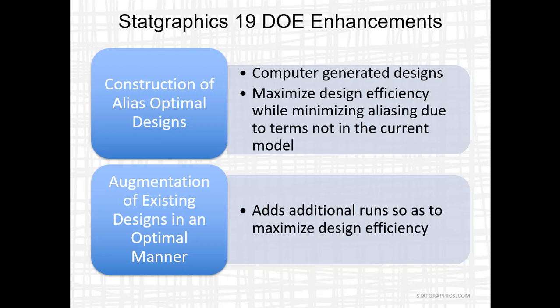Alias optimal designs are computer-generated designs, which not only attempt to maximize the efficiency of the design with respect to estimating the statistical model included for that design, but also attempt to minimize aliasing due to terms not in the current model. It's sometimes possible to trade off a little bit of design efficiency in order to reduce quite dramatically the aliasing due to other terms.